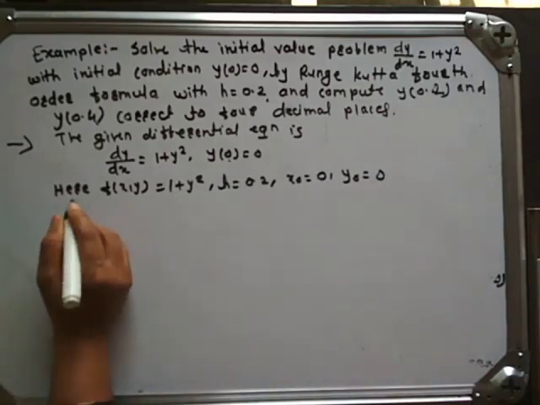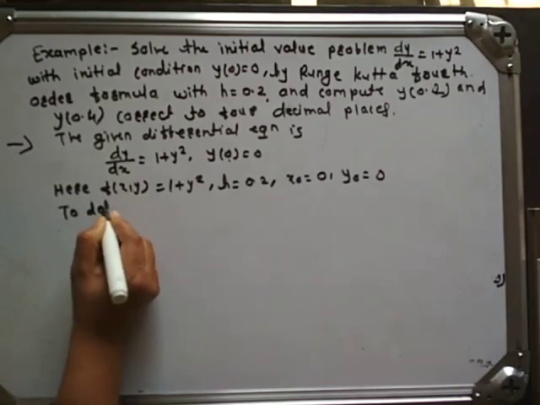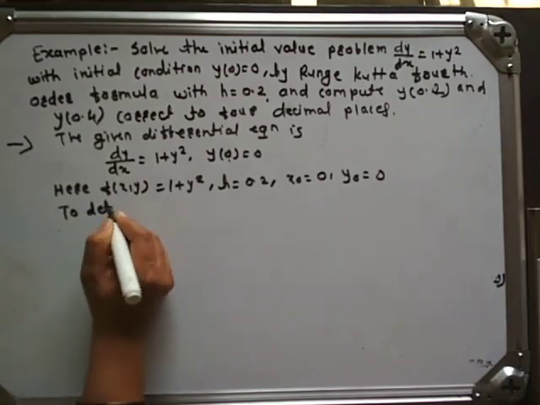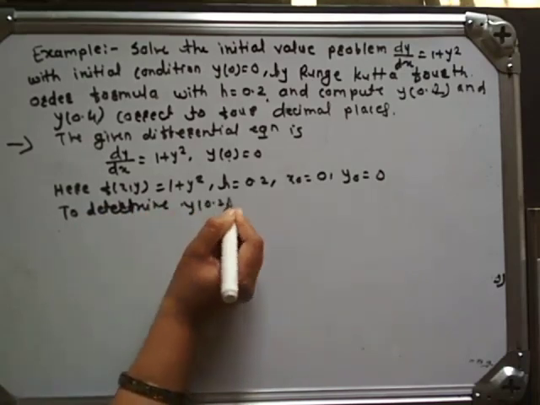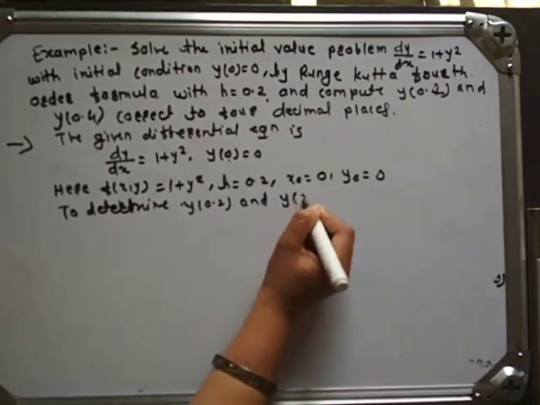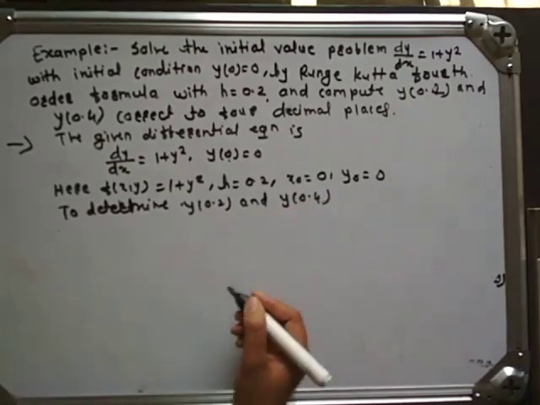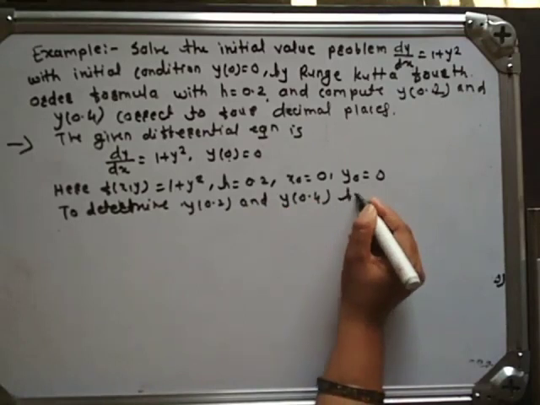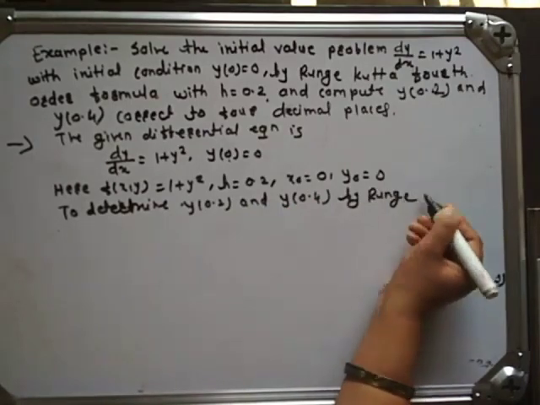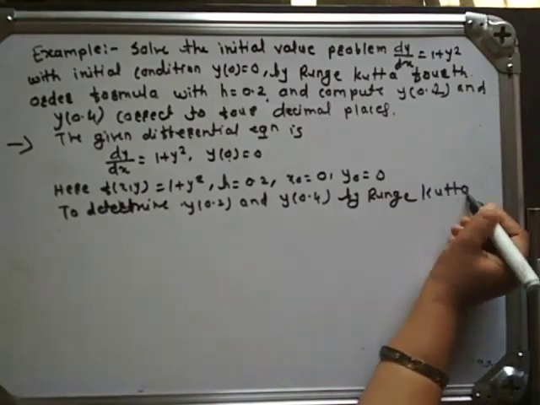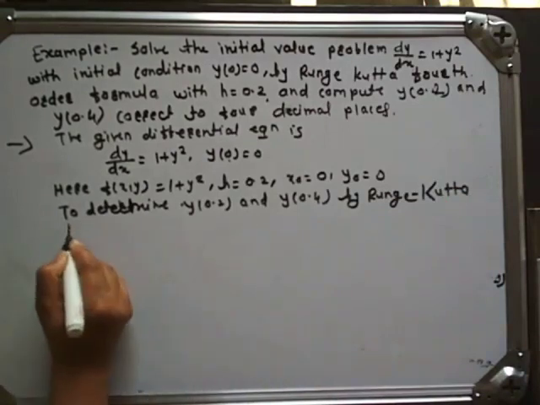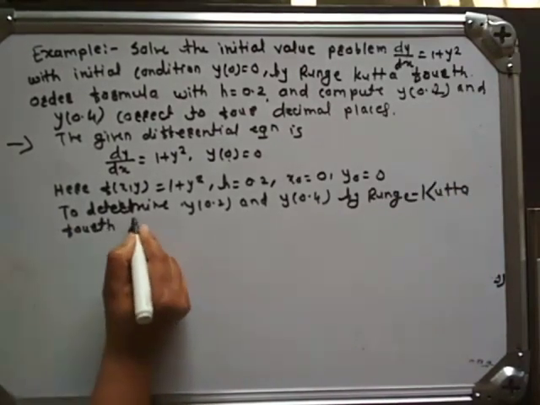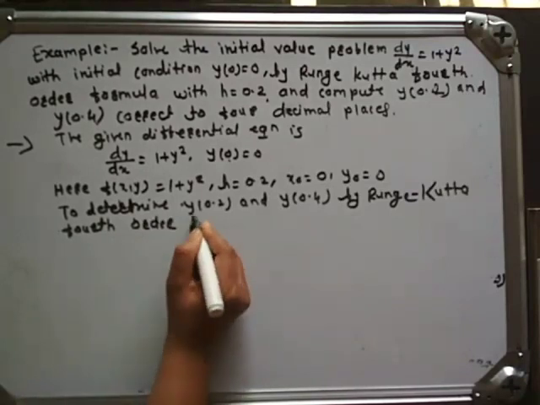To determine y of 0.2 and y of 0.4 by the Runge-Kutta fourth order formula. What is that formula?